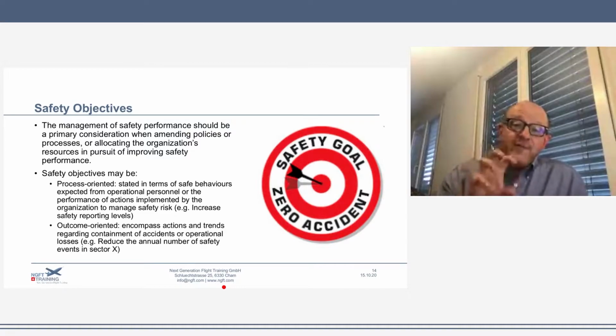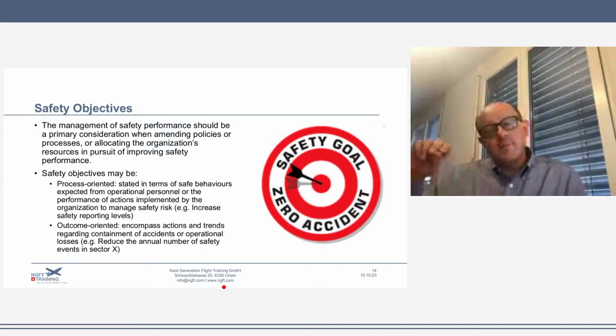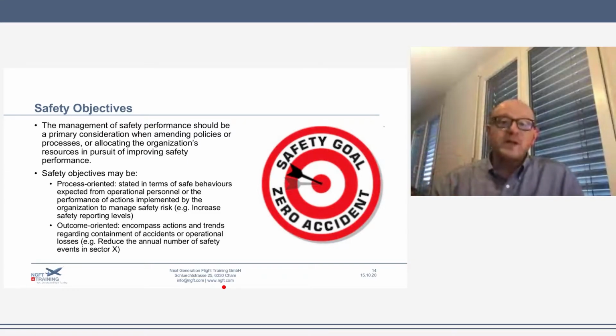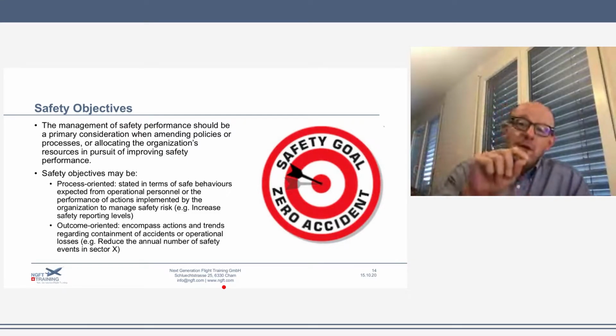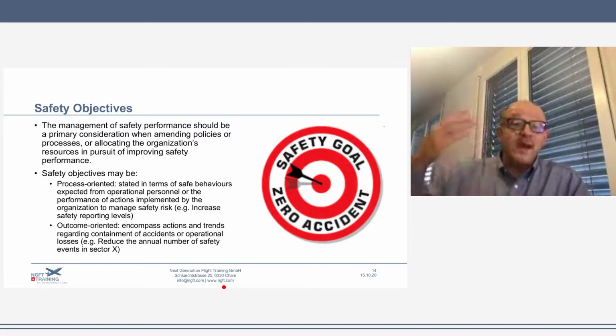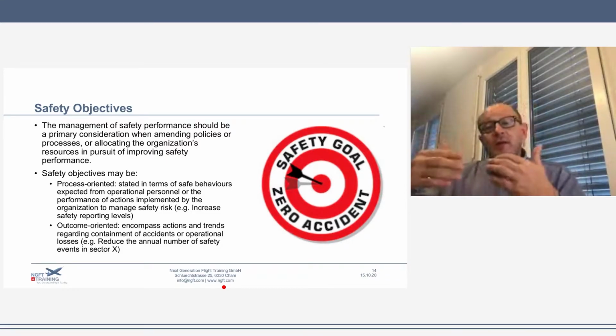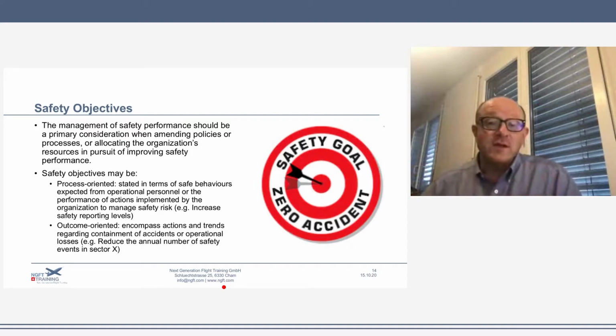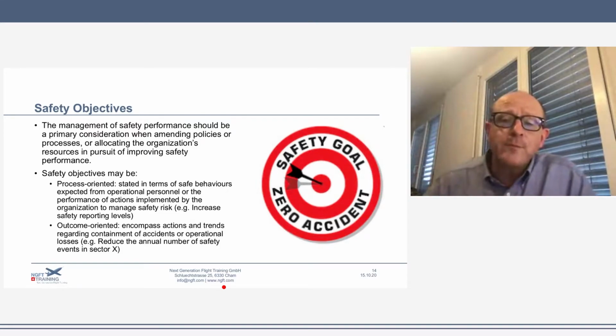If we go a step deeper, a level deeper with the safety objectives, then we have to see that if we have the safety objective of providing everyone with the required protective equipment to do their job, that has a number of consequences that we have to follow through.